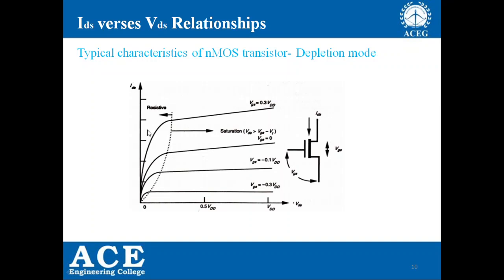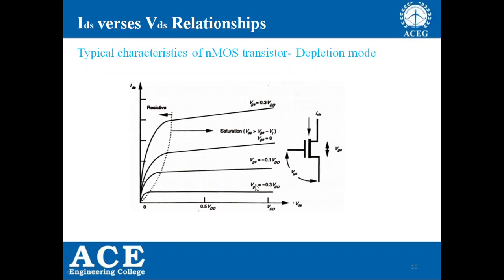Whenever you are taking voltage and current characteristics, obviously in almost all cases, voltage will be taken on x axis and the current on y axis. So, if we draw the VI characteristics of this NMOS depletion mode transistor, we will be having characteristics like this.